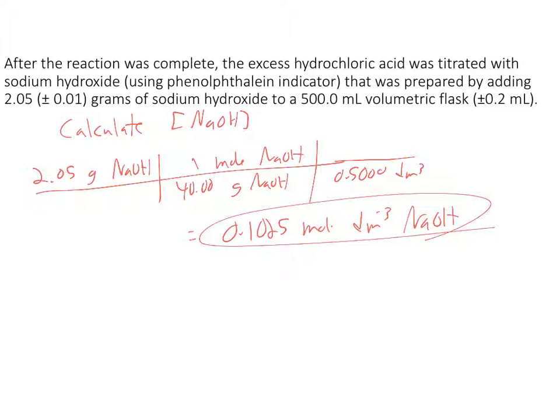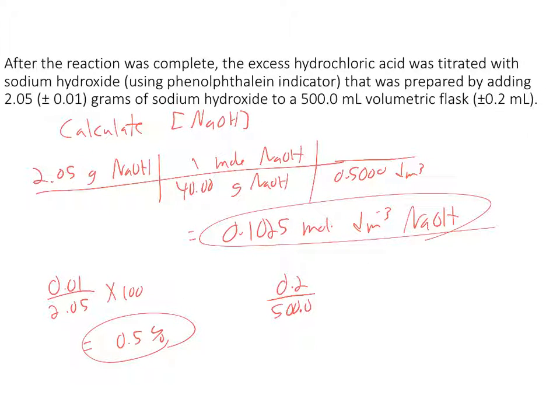So there's our concentration. Now, what about the uncertainty? The uncertainty of the mass of the sodium hydroxide pellets is 0.01 divided by 2.05 times 100, which is 0.5%. And the uncertainty of the volume is 0.2 divided by 500.0 times 100, which is 0.04%.